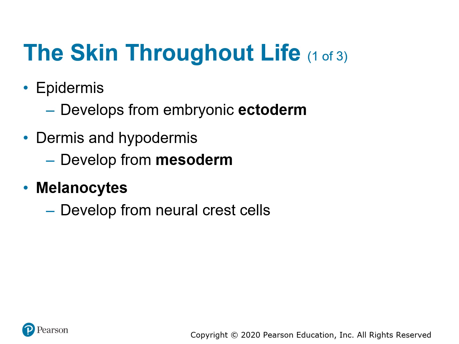So throughout your life, this is in our embryonic phase. As an embryo, the epidermis is derived from the ectoderm. We talked about that a couple chapters back. The dermis and the hypodermis are formed from the mesoderm, and melanocytes are formed from our neural crest cells.